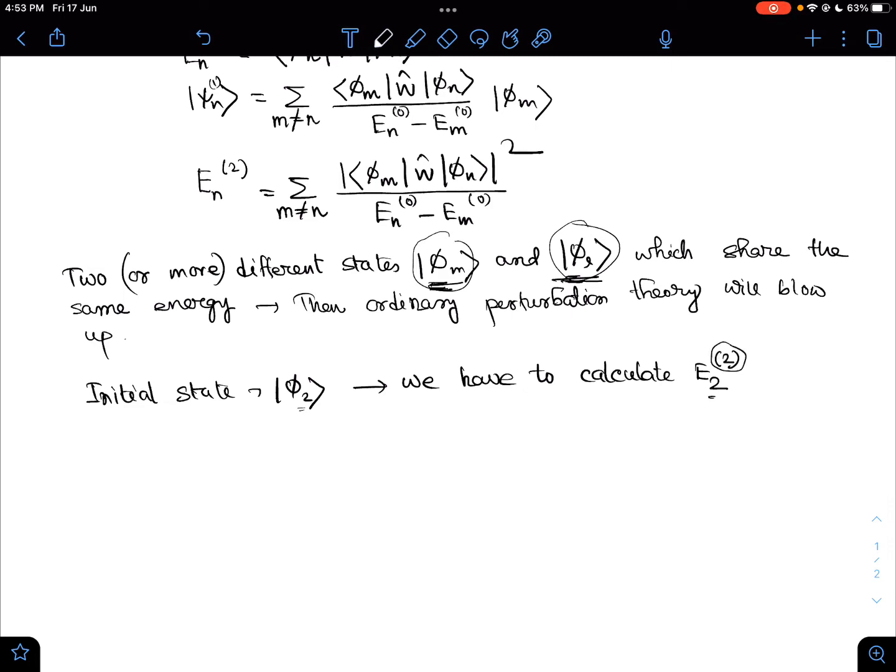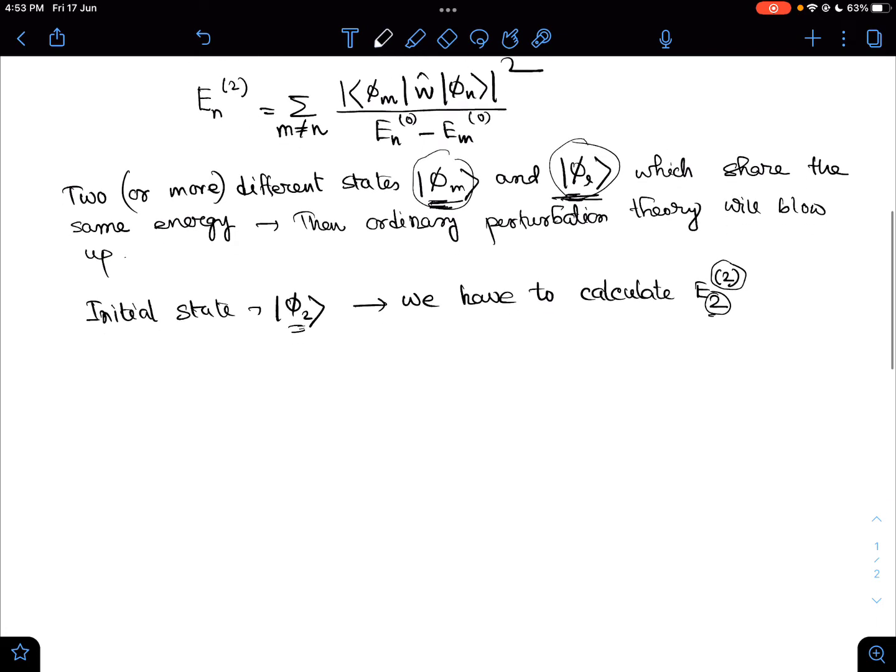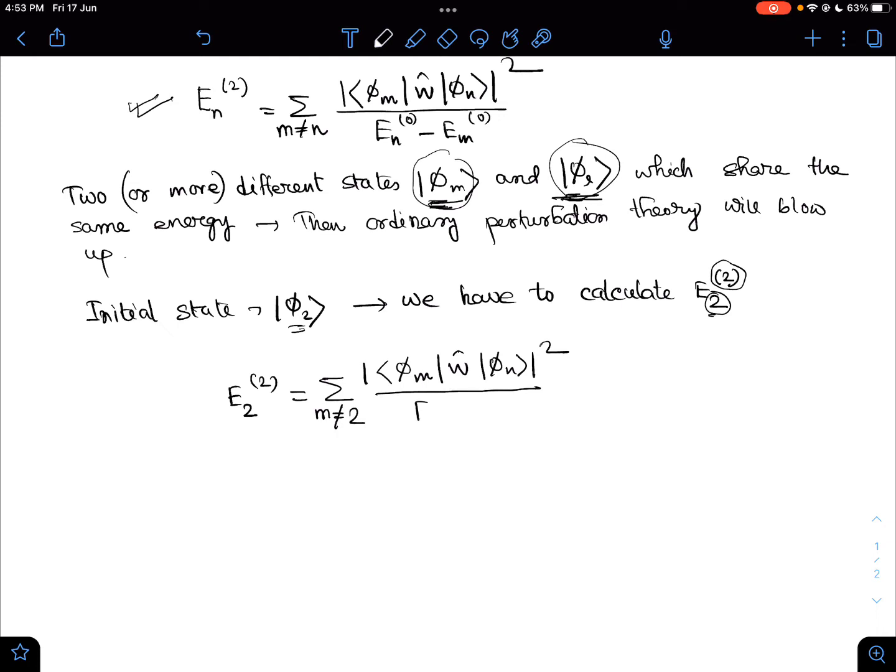Here one index represents the order, and the other represents the state in which we are doing the energy correction. So what will be E22? According to this formula, E22 is the summation over m, with m not equal to 2, of phi m W phi 2 squared divided by E20 minus Em0.